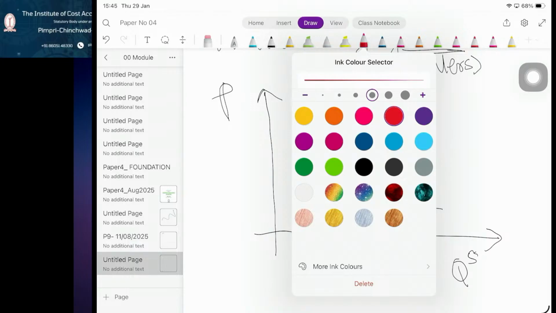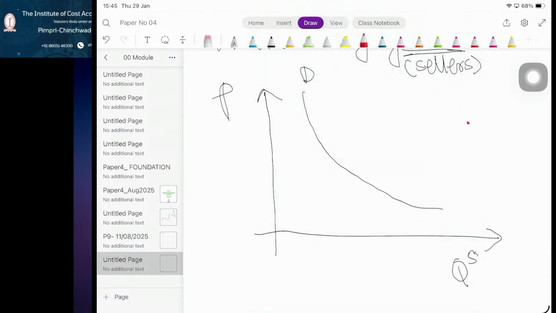Other things remaining constant, when price increases, quantity supplied is increasing. So what kind of a graph we will get? Done? Have you been able to draw? Will that graph be upward sloping or downward sloping?